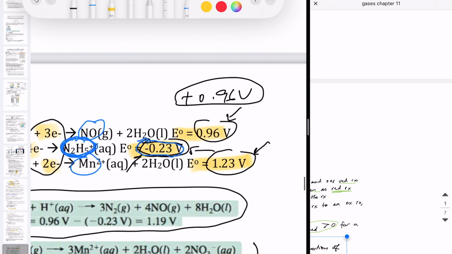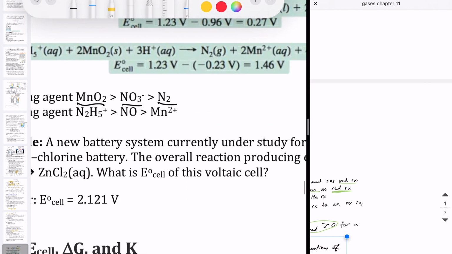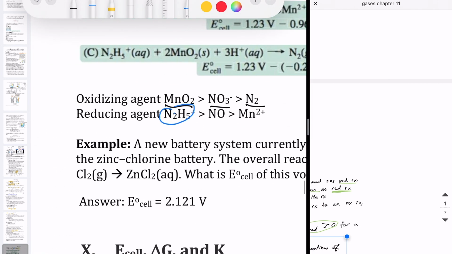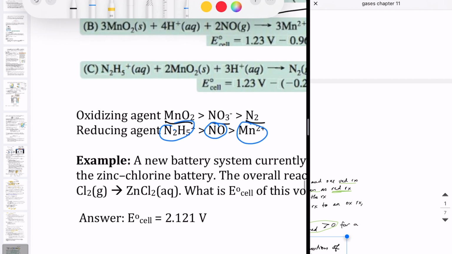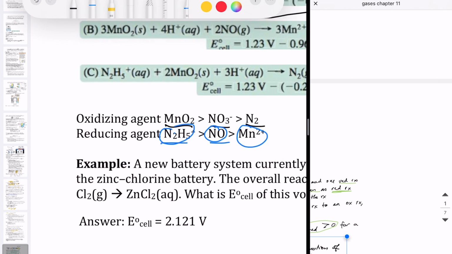So this one is the strongest reducing agent, followed by this one, still in the middle, and then that one would be the weakest reducing agent. So you can see that's the pattern that I have here. But notice again that here I have different species compared to that one right there. So it's always the species is different, the process is also different, okay?